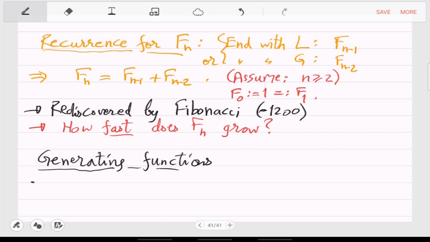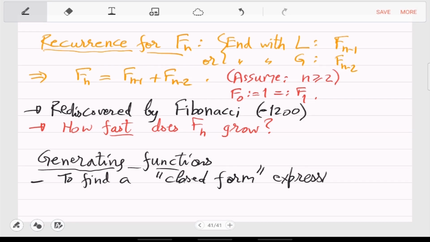So that is why we use generating functions, to find an almost closed form expression of Fn. It will not really be a closed form.